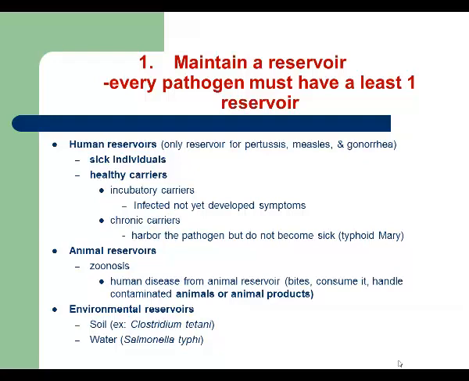Let's talk about incubatory carriers first. Each infection has what we call incubation period. It is a period of time between 2 points. The first point is when the patient gets infected, and the second point is when the same patient develops symptoms of infection.